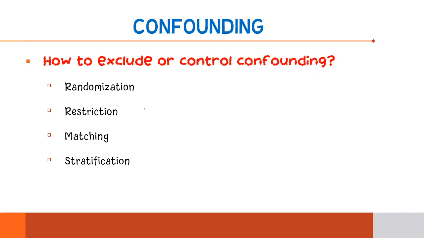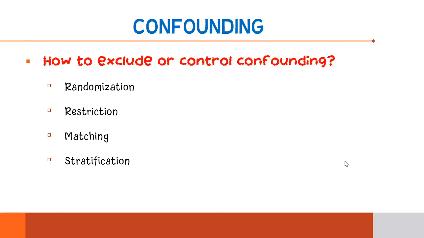Randomization actually controls for both known and unknown confounders. Confounding actually occurs if there is an unequal distribution among your groups.